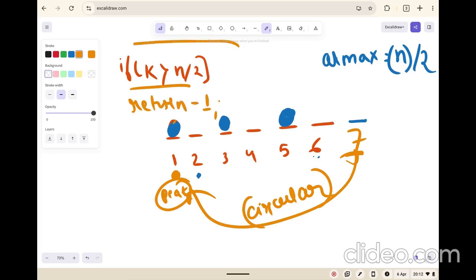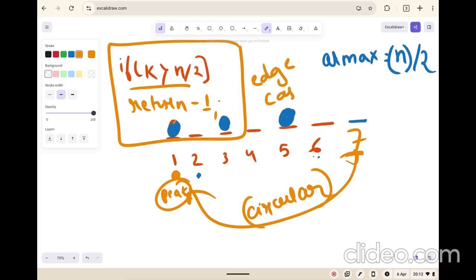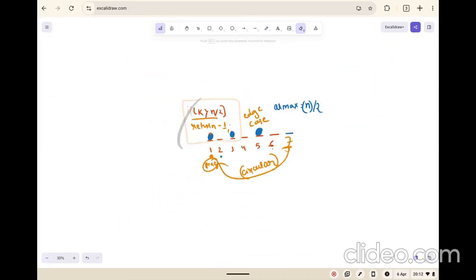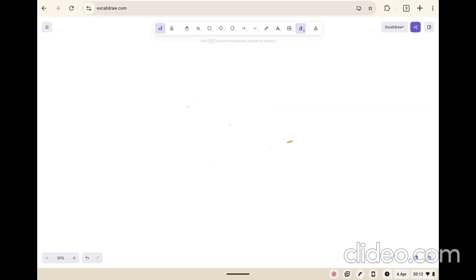This is our first edge case. Why this is important, I will tell you later in the video. But up till now, if k is greater than n by 2, you need to return a -1, because creating more than n by 2 elements as peaks is not possible.